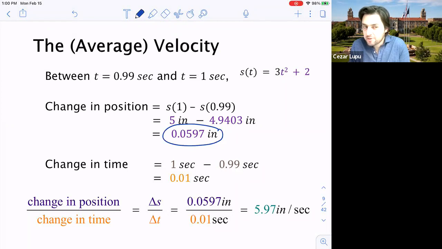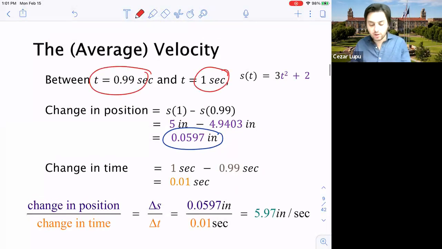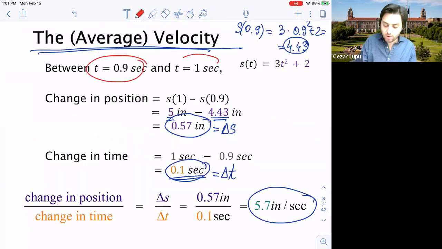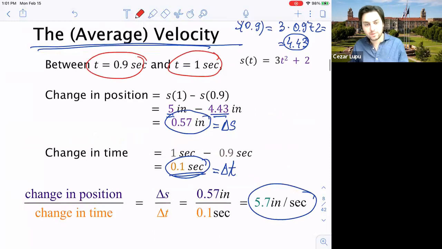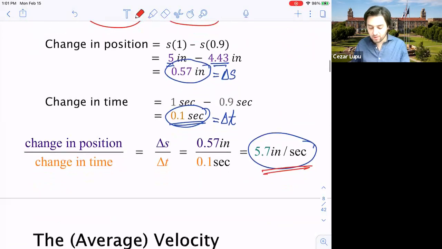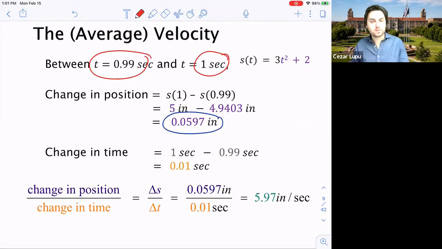So you see, the numbers here are even closer. Previously we considered these numbers, 0.9 and 1 second. Now we'd like to see something even closer to 1. So keep in mind we got this result, 5.7. And now we will do the same thing here.